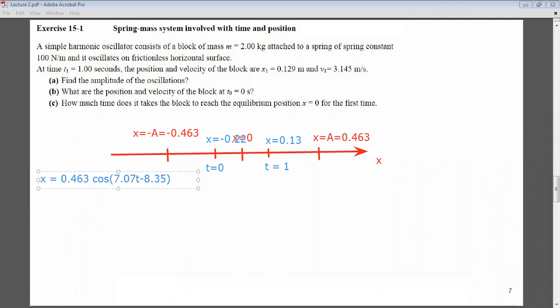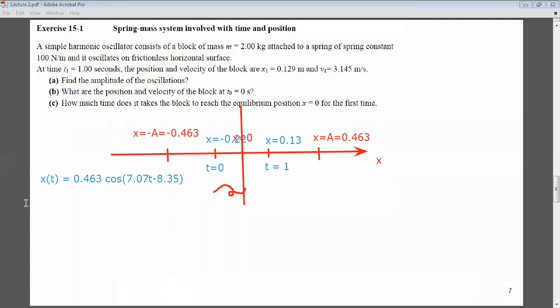So this is my x of t. So the question is, how much time does it take the block to reach the equilibrium position x of 0 for the first time? So we want the time it takes to go from here to here, because at t0 it was here, and we want it to reach here.